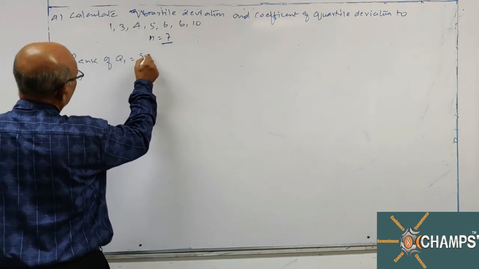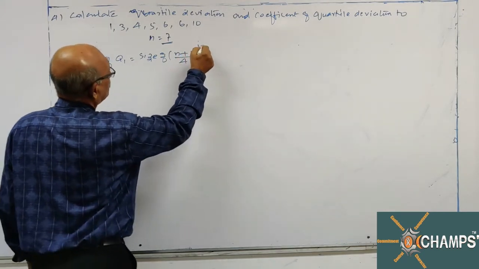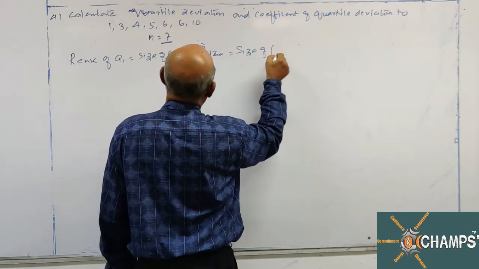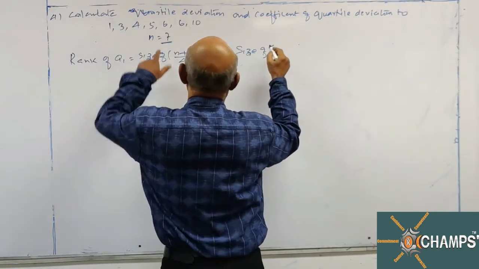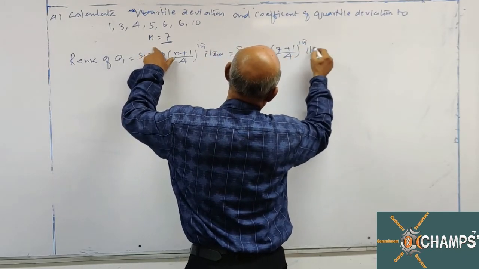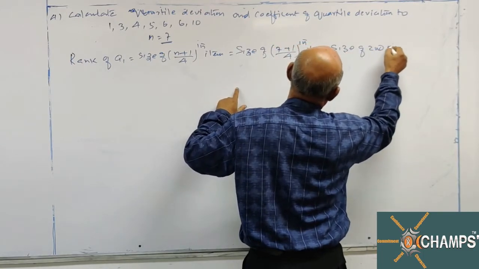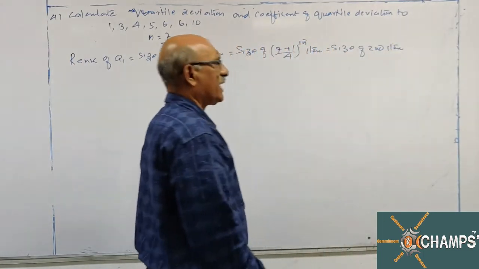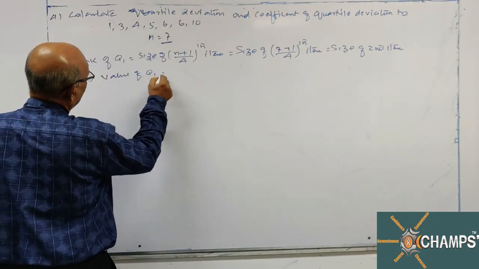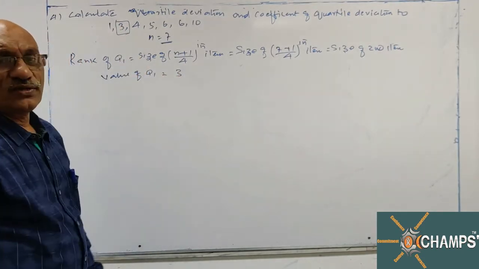Rank of Q1 is equal to size of n plus 1 by 4th item. This is equal to size of 7 plus 1 by 4th item, which is the size of the second item. Value of Q1 is equal to the second item, which is 3.